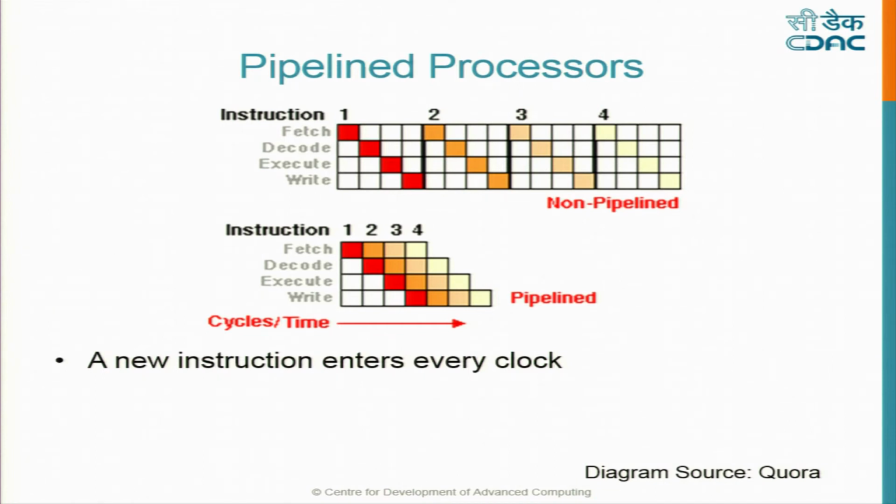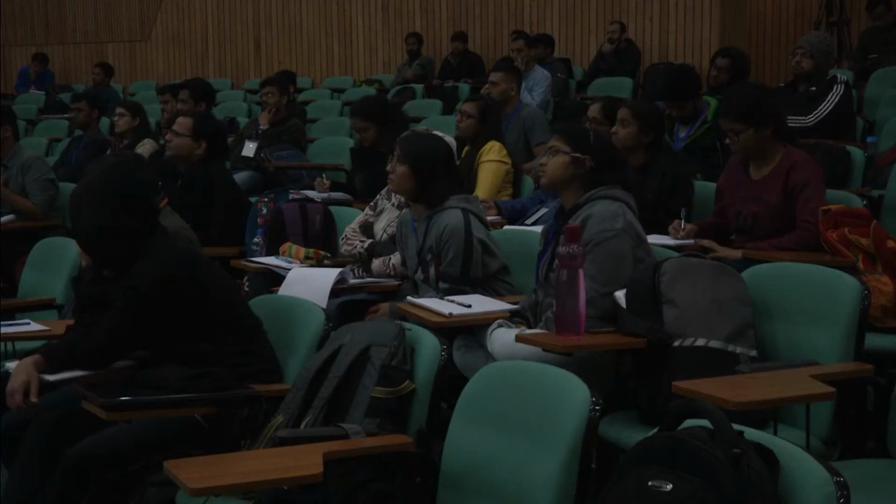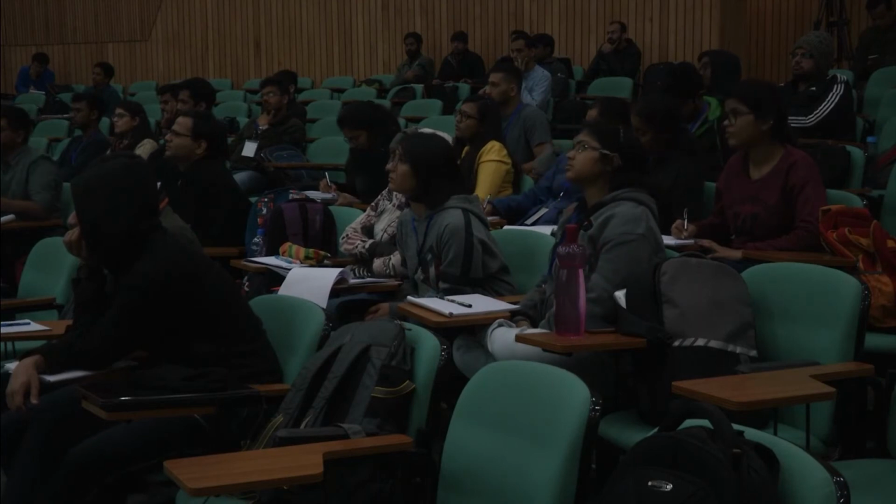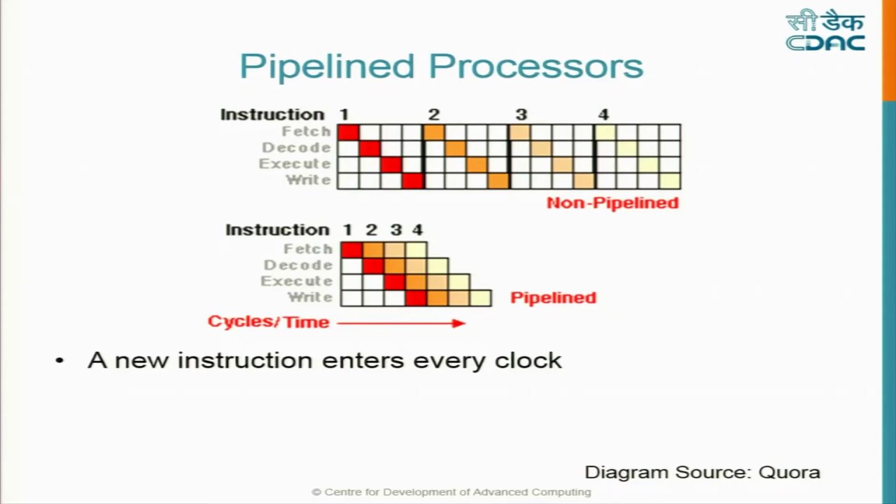So what is the result? Each instruction is still taking 4 clocks to execute, but by compacting, after a delay of 3 clock cycles, every clock we are getting one instruction. That's what he mentioned in the morning. Cycles per instruction becomes 1, though each instruction is taking 4 cycles. The number of effective cycles required is 1, because one after another each cycle is finishing its execution.